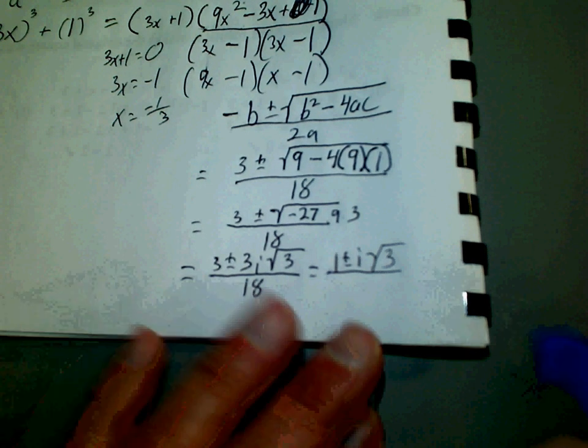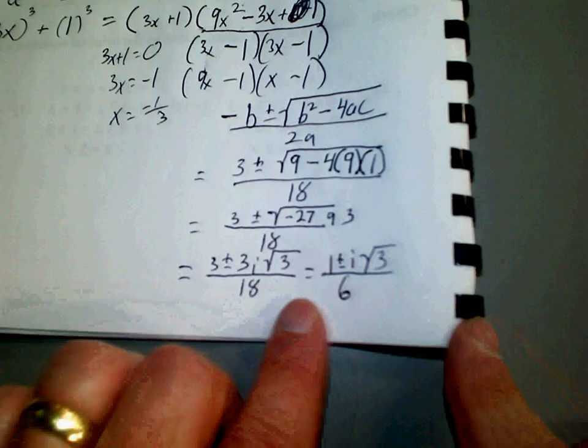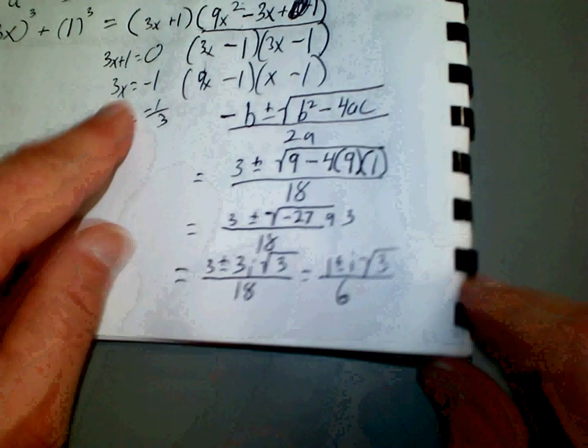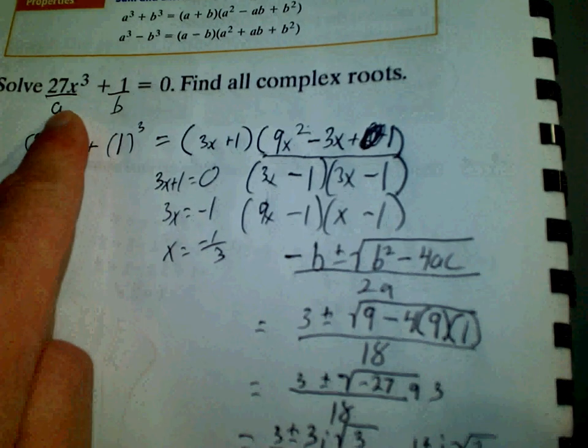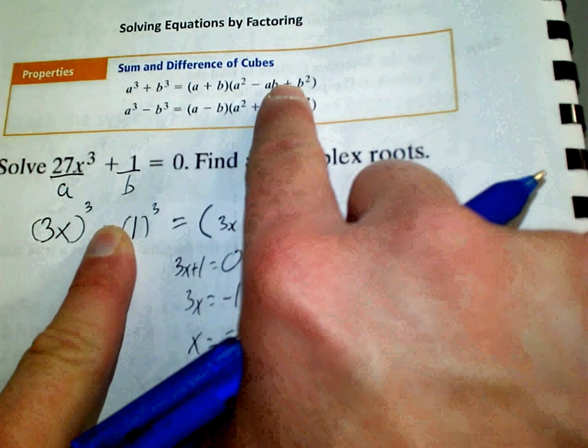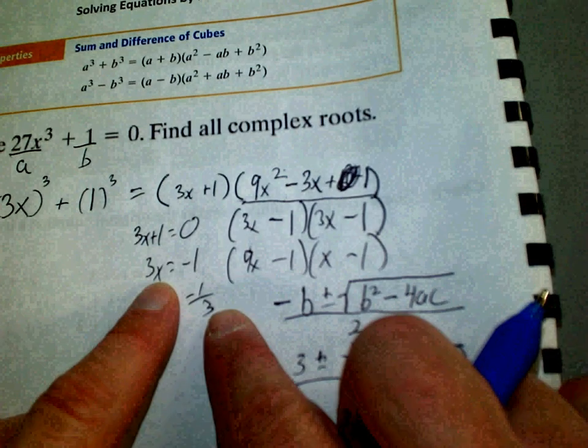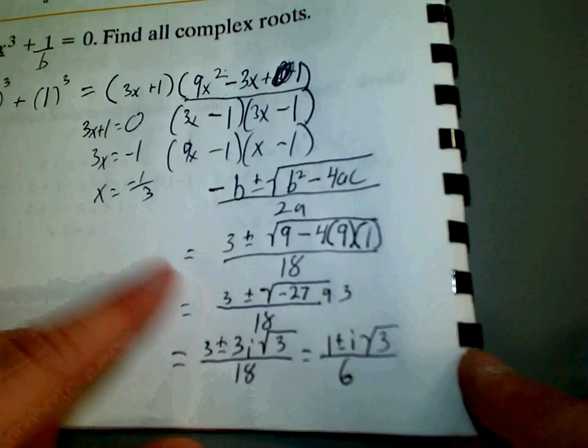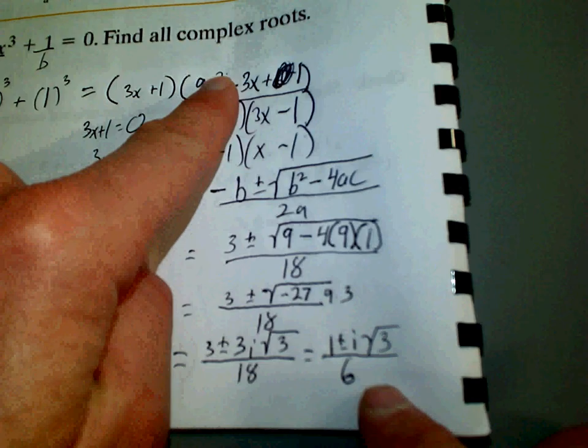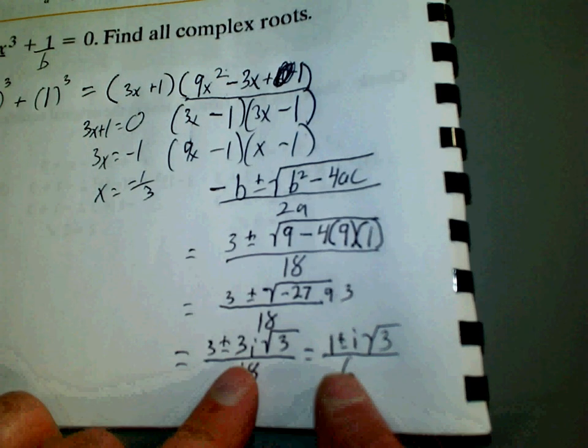So according to my calculations, this sum of cubes, I could use this rule to factor to get the negative 1/3 here. And then on this quadratic part, I use the quadratic formula to get 1 plus or minus i square root of 3 over 6.